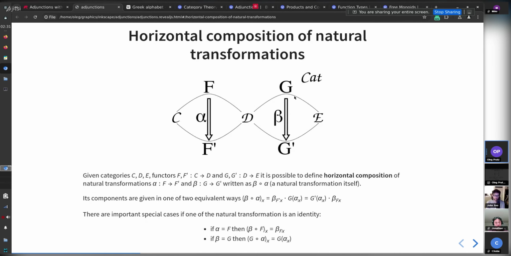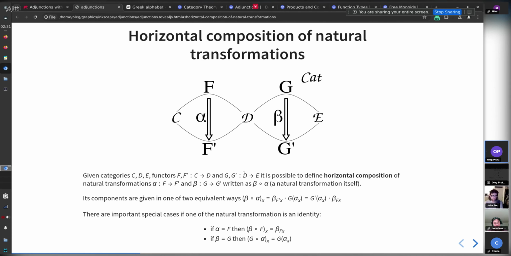So this is a diagram in the category of all categories. These should be arrows pointing to the right, by the way. So objects are categories, and morphisms are functors. So F and F prime go from C to D, and G and G prime go from D to E.